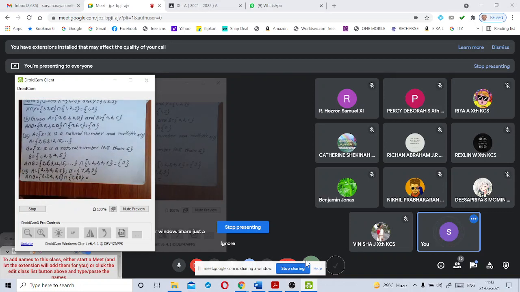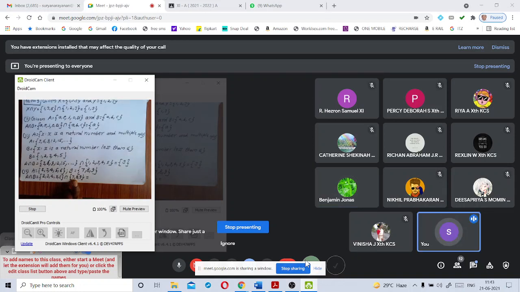Now, Benjamin, can you tell me the intersection of these two sets? Common numbers? Sir, no common numbers.